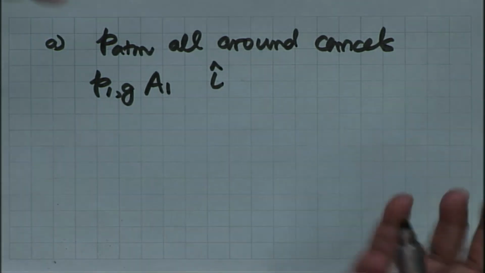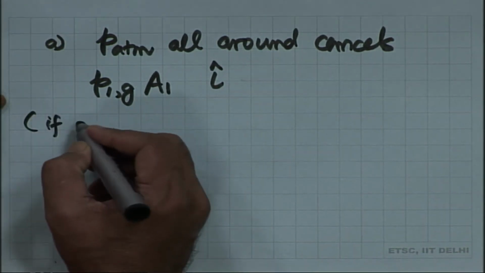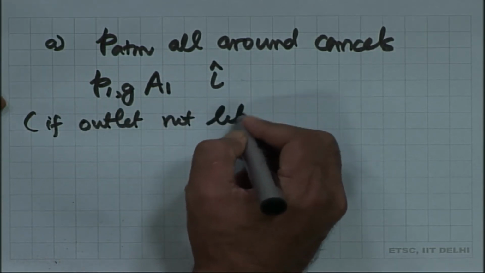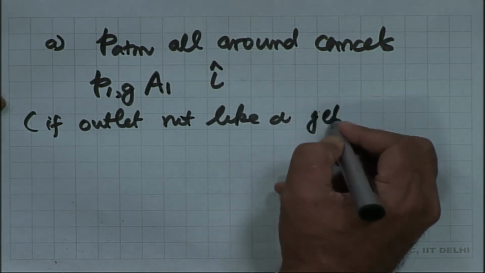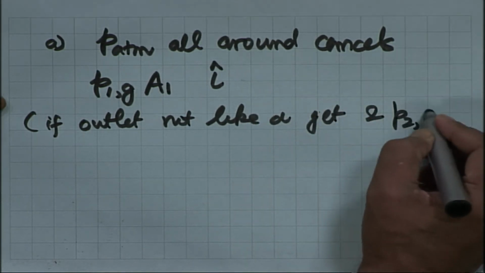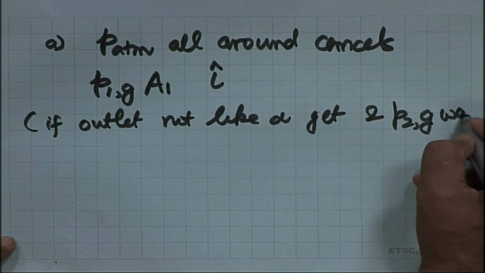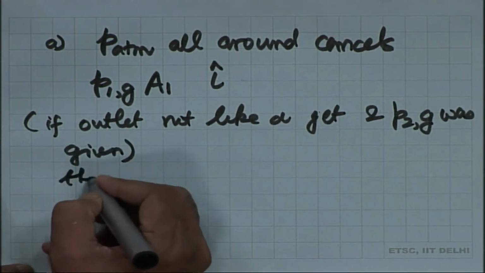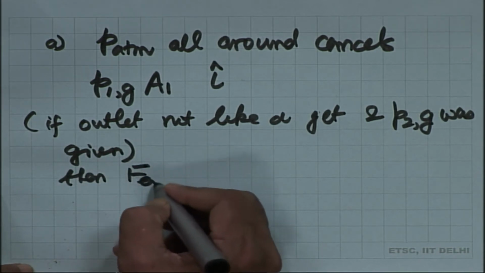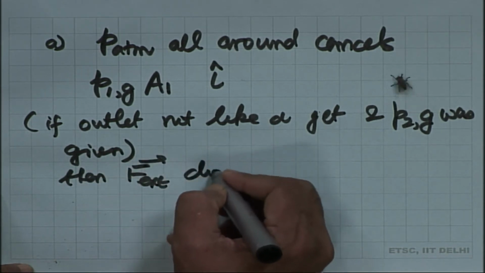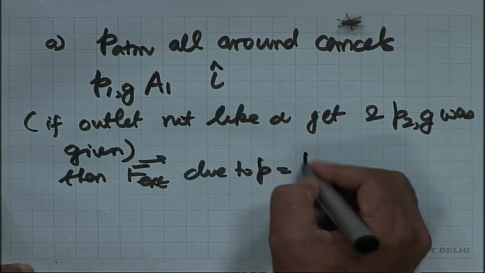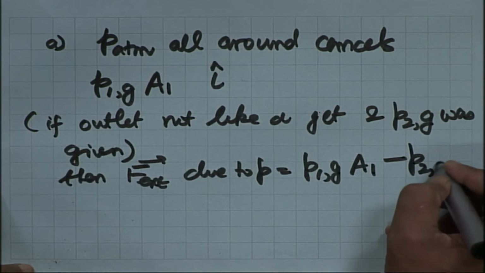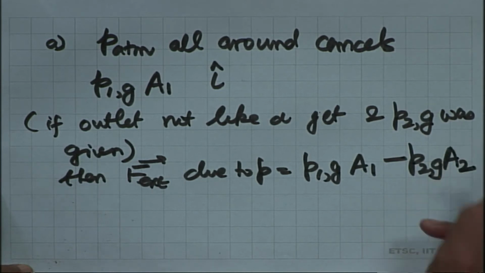Suppose this was not a jet, if the outlet was not like a jet and P2 gauge was given, then F external due to pressure would be equal to P1 gauge A1 minus P2 gauge A2.